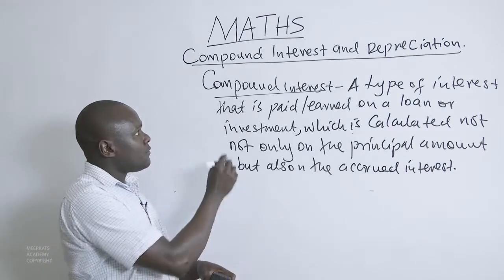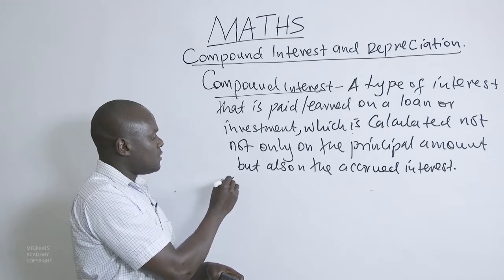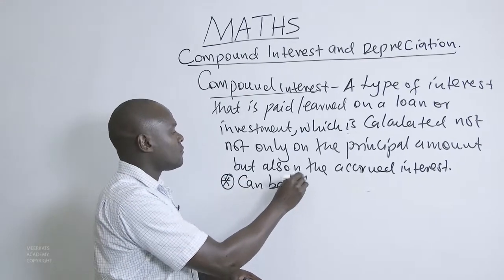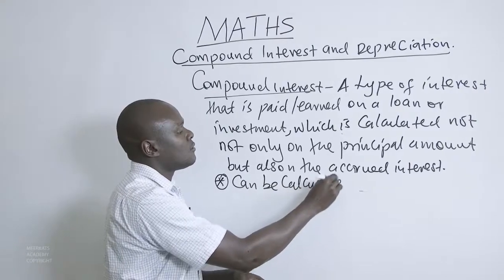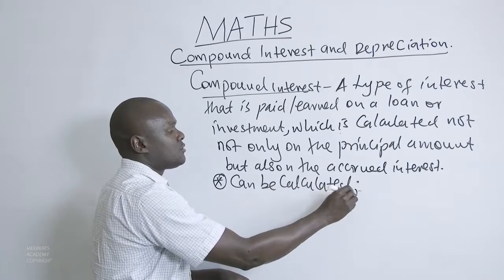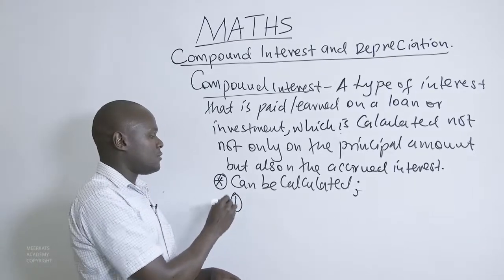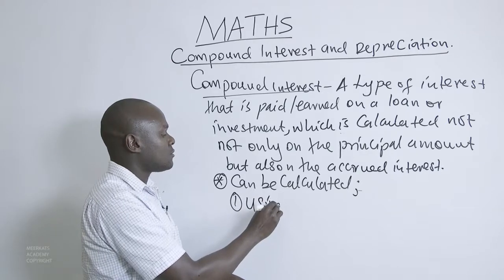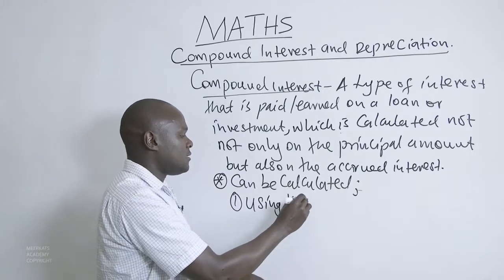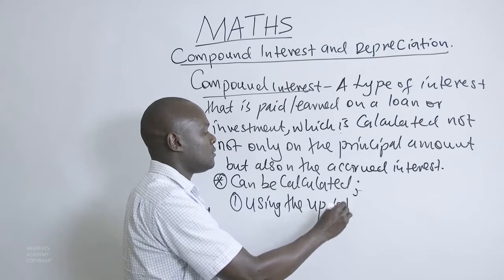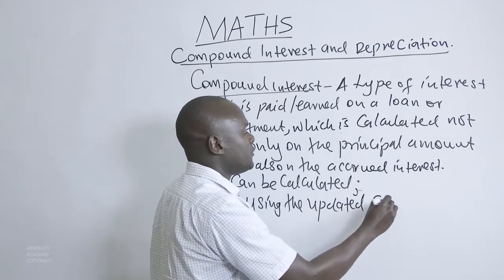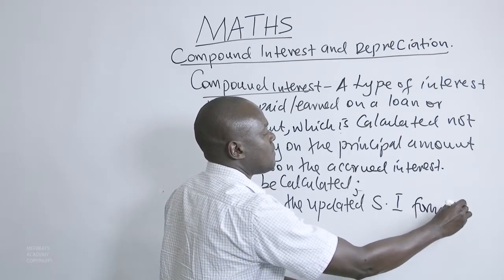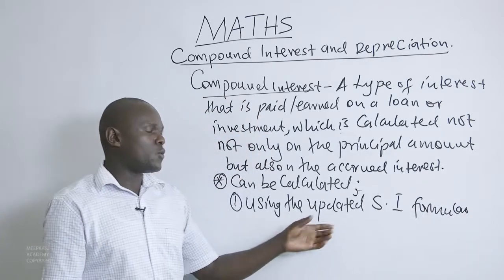I have said that this compound interest can be calculated in two ways. The first method of calculating compound interest is using the updated simple interest formula. That is method one.